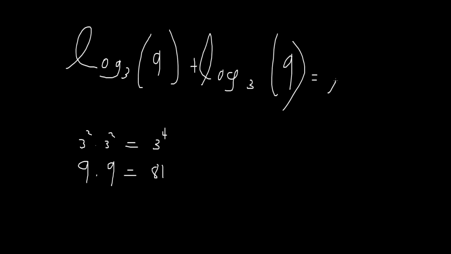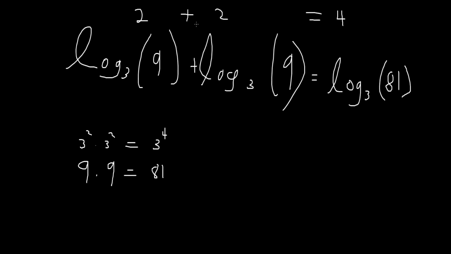So real quick, log base 3 of 81. So this basically says that 2 plus 2 equals 4. I know, complicated stuff, but we're getting there. I'm joking, of course. 2 plus 2 equals 4 is very simple.